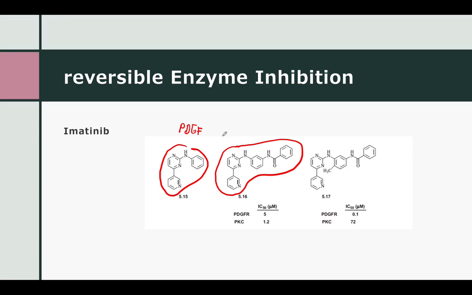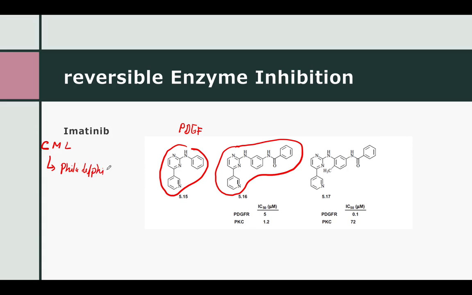Now, there is a condition called chronic myelogenous leukemia. In chronic myelogenous leukemia, you have an excessive proliferation of a specific type of white blood cells in the bone marrow. And this is associated with a chromosome called the Philadelphia chromosome.